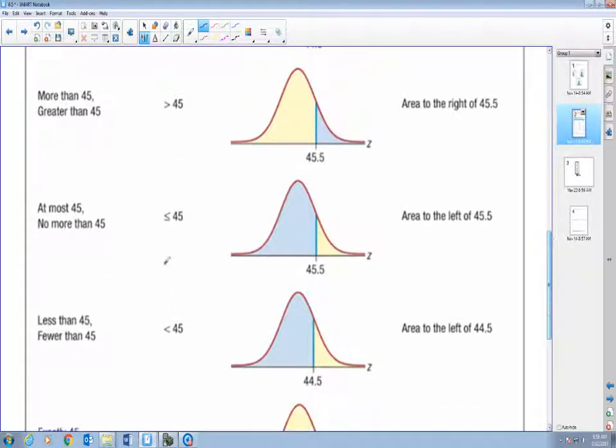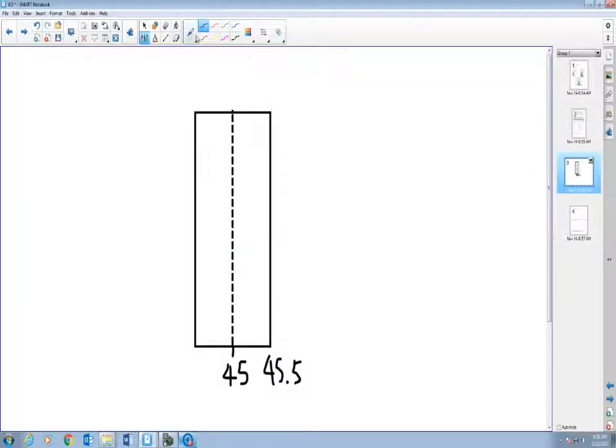Alright, if it's less than or equal to 45, that means what I want is to the left side of 45. But if I go to the left of 45, that means there's another half of a rectangle I'm not including.